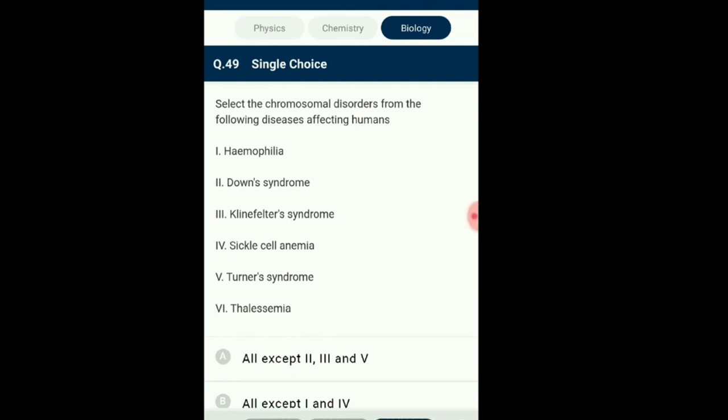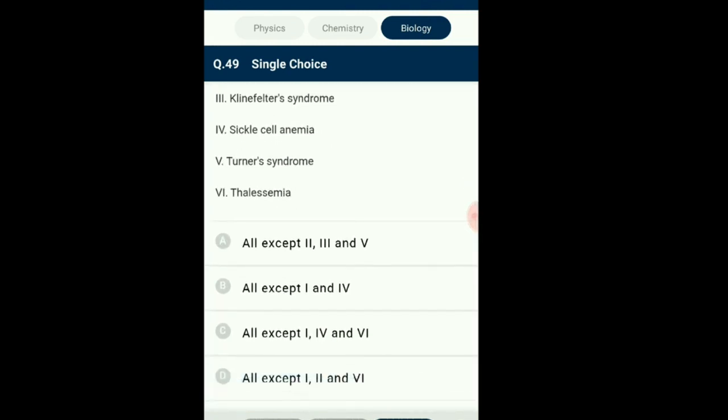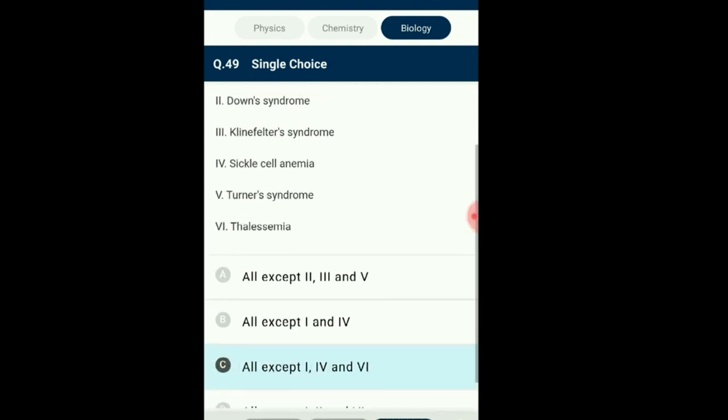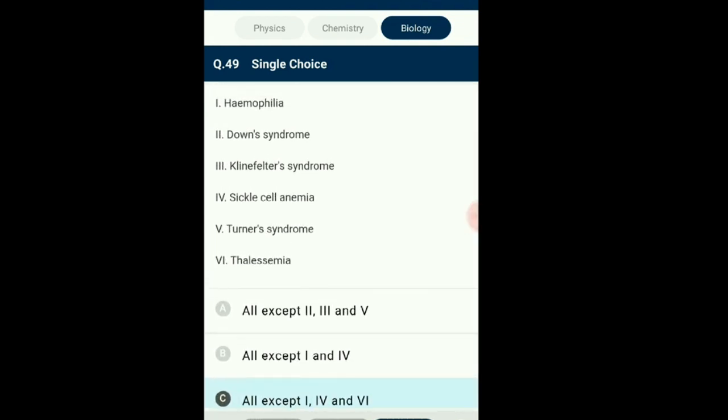Hemophilia, sickle cell anemia and thalassemia are disorders occurring due to a change in a single gene of a chromosome rather than the whole chromosome undergoing change. These are also called Mendelian disorders as they generally follow Mendel's law of inheritance. So the answer for this question is option C. The chromosomal disorders are correct except the first one, fourth one and sixth one.